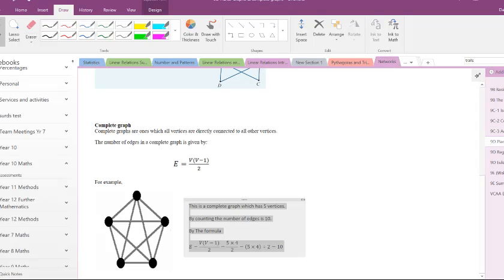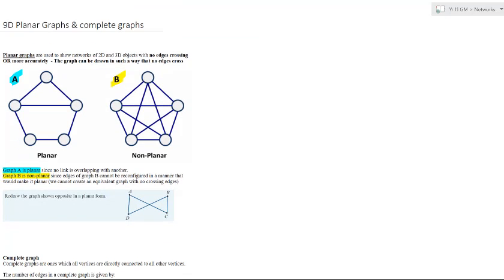Alright. We now have planar graphs and complete graphs. So planar graphs are information or networks that have no edges crossing, but this definition is not as good as it could be.